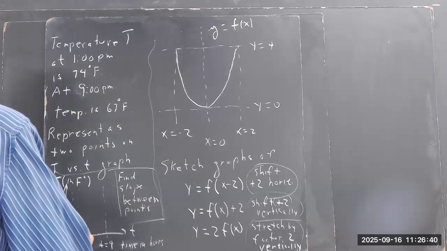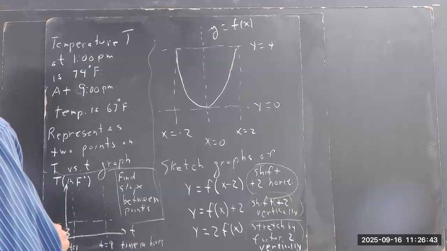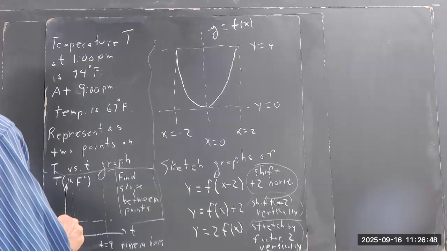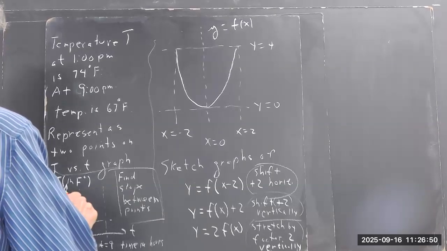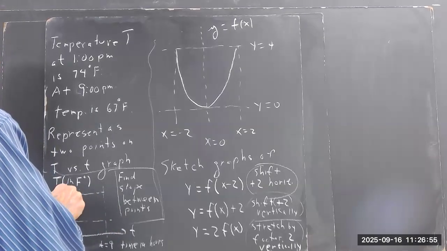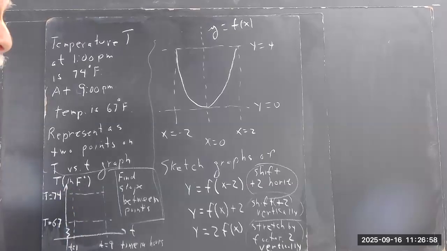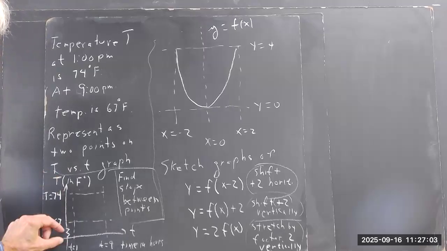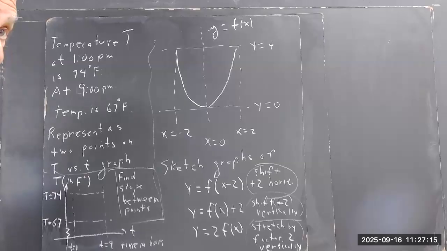So I'm going to put big T equals 67 and big T equals 74. Now, if big T is 0 down here, that means this little thing's probably about 65 degrees, but it's not showing, just so we can show the graph in a reasonable window.